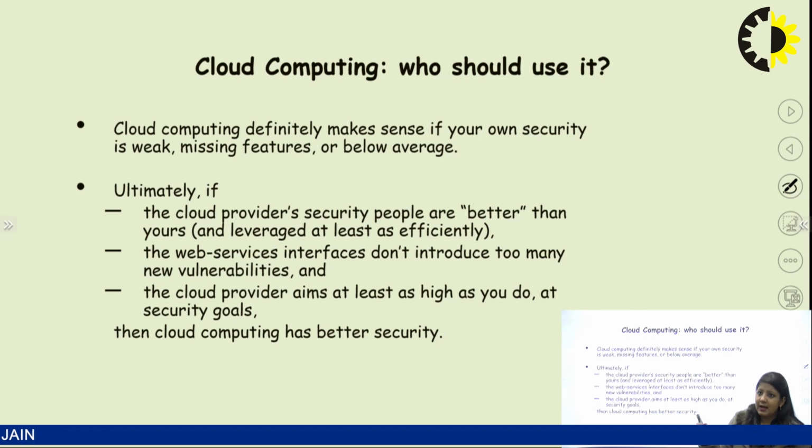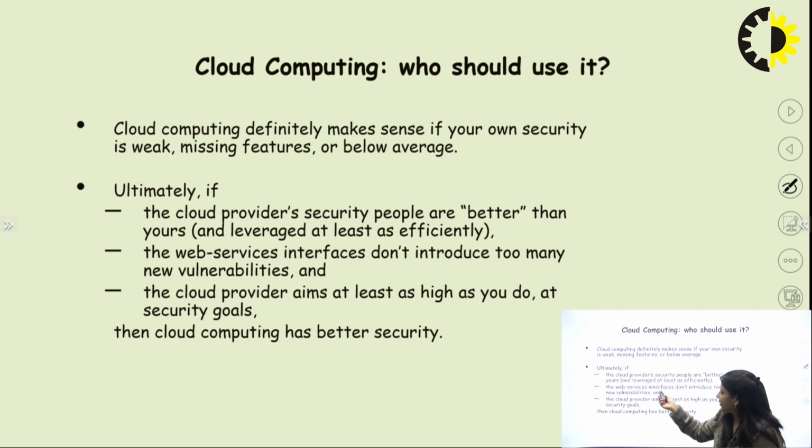If we are deploying services over the web, those web services UIs or interfaces should not introduce new vulnerabilities. If the cloud provider aims at least as high as you do at security goals, then cloud computing has better security. For achieving high security, the cloud provider must ensure these things, so that we can say the provider can assure the customer that our services are secure.